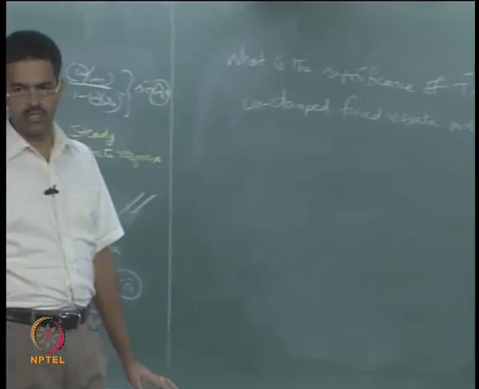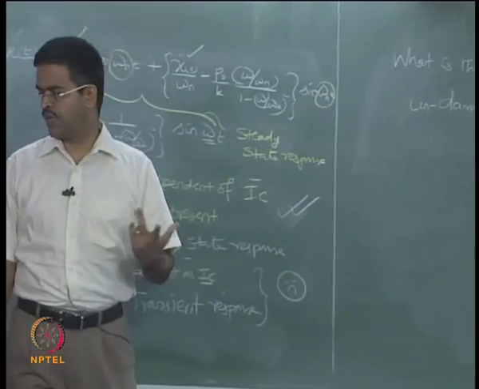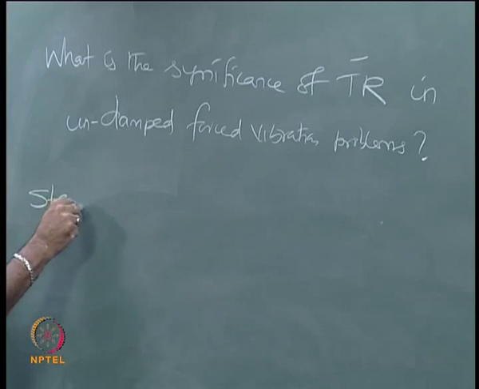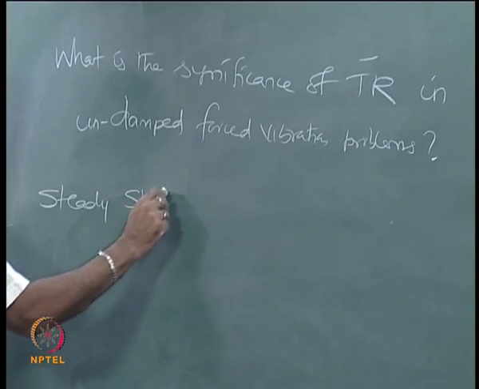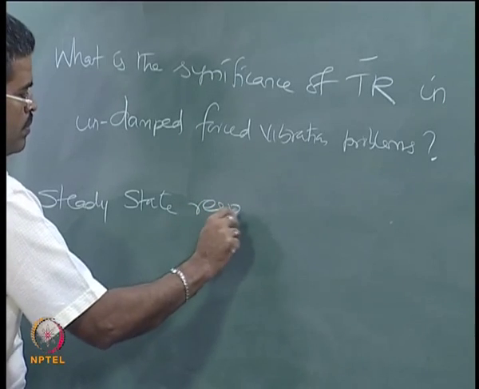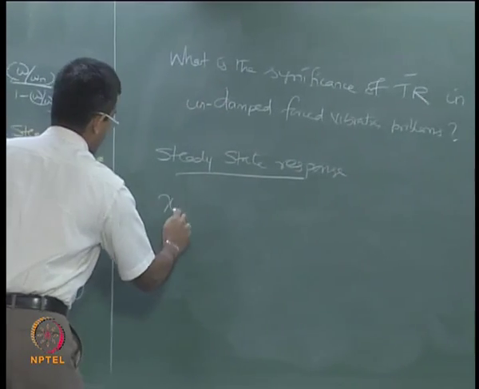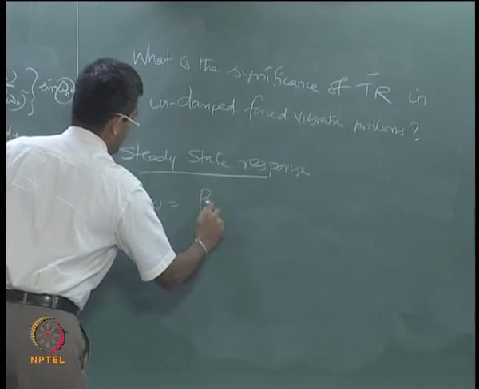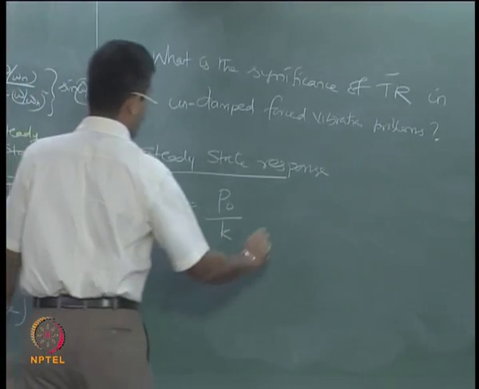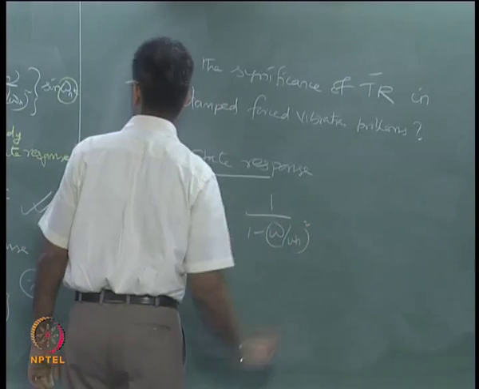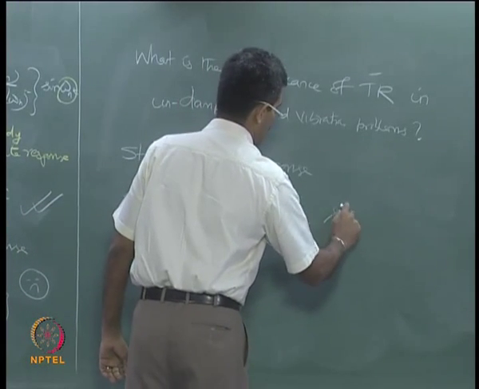Okay, that is very important. Steady state we will anyway open the window now and explain you. So I will pick up the steady state response alone, which we say x of t is p0 by k times 1 by 1 minus (omega by omega n) the whole square, times sin omega t.